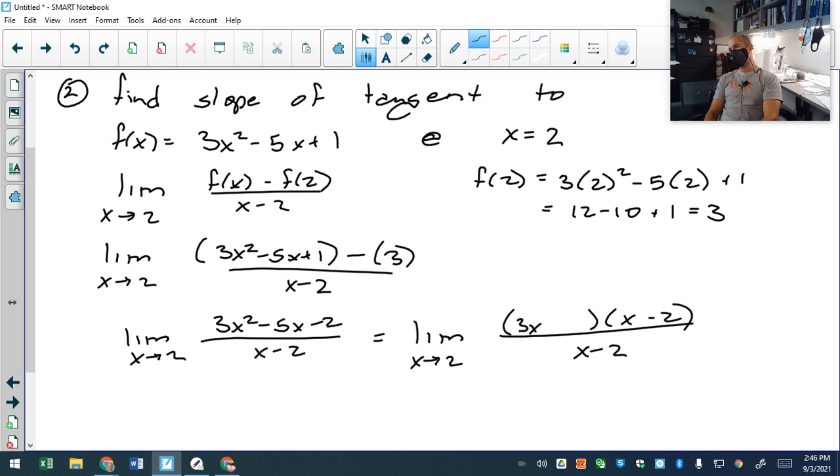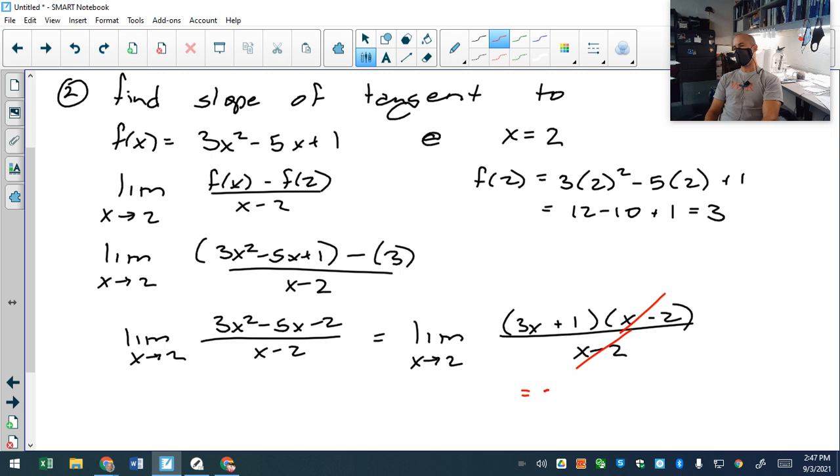I think 3x times x will give me 3x squared. I need a negative 2, so I already have a negative 2 here. A positive 1 times a negative 2 would work. Expand, or I'm going to double check to make sure we get a negative 5x. So 3x times negative 2, negative 6x, 1 times x. Okay, that works. I can cancel.